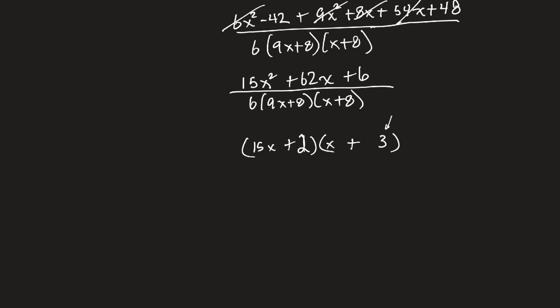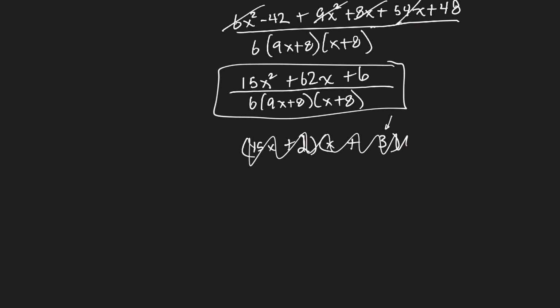That's not 62. Yeah, I don't think I can factor it. Unless I'm missing something, I don't think you can factor that. 5 times 6. Yeah, no. So then I would leave my answer like that.